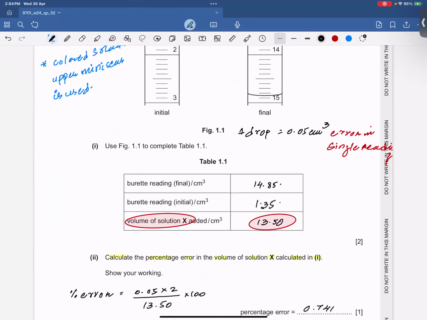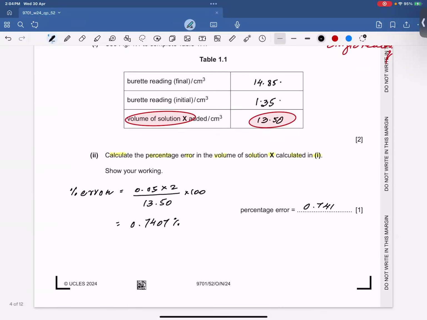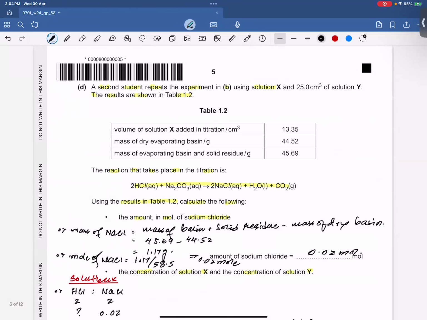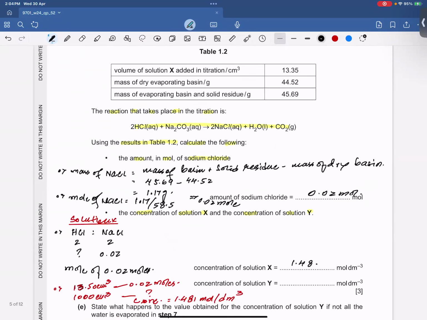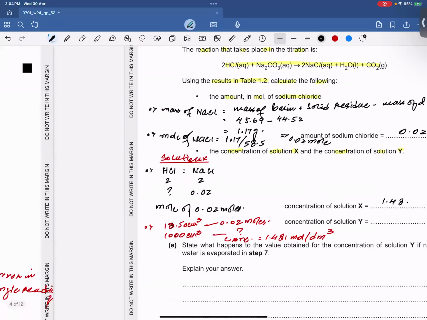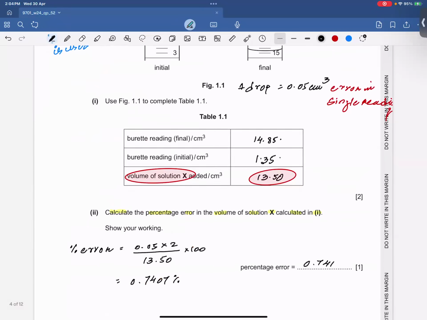Hold on. 14.85 minus 1.35. 13.5. It's fine. Oh, my bad. This was a mistake from my end, it should not have happened.